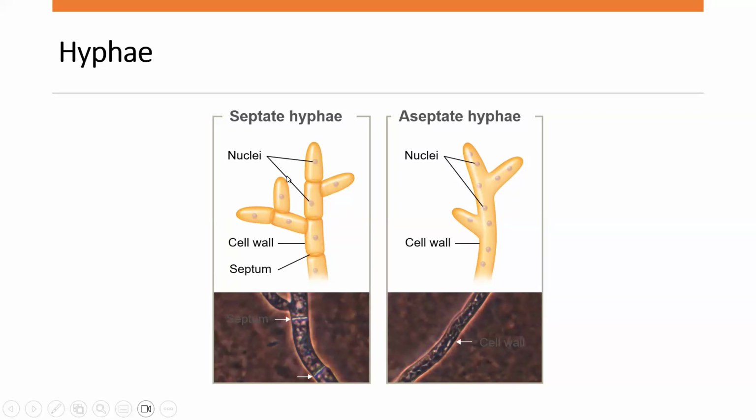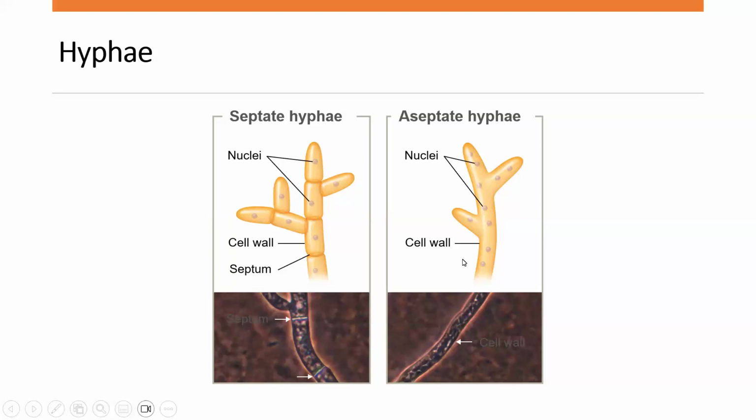And the septate hyphae have these little delineations, these septa, between sections with their own individual nuclei. We can see that in this image below, where these septa are being highlighted by the arrows with these lines.